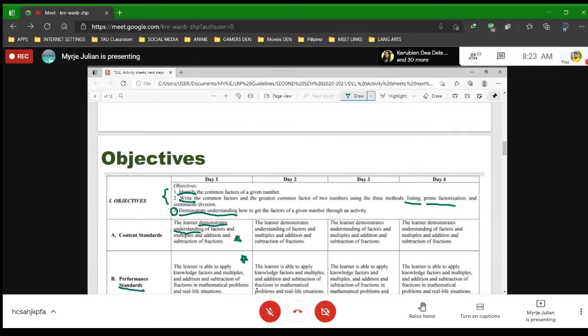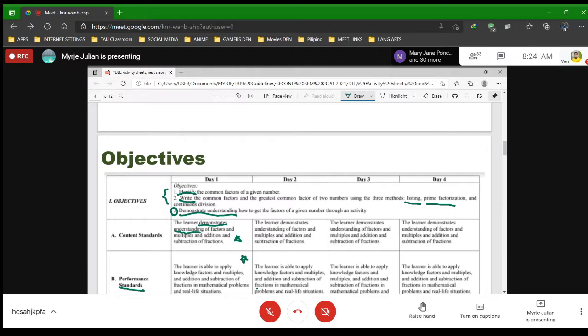Paghiwalayin ng numeral or number ng objective. So, one objective for identifying or determine, and then another objective for explaining. If ever man na dalawa yung skill na pinaplan ninyong ipalit dito sa objective number 3.